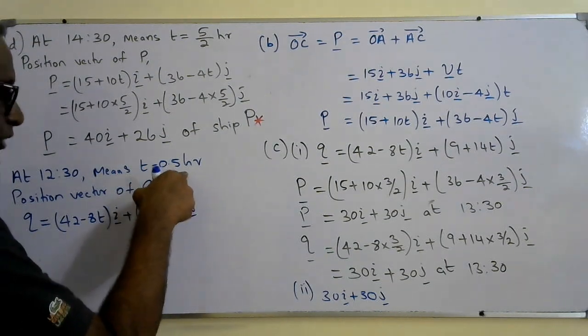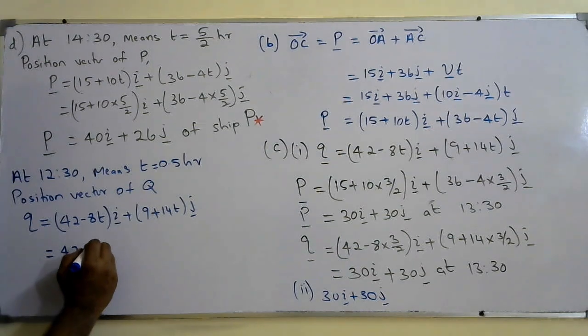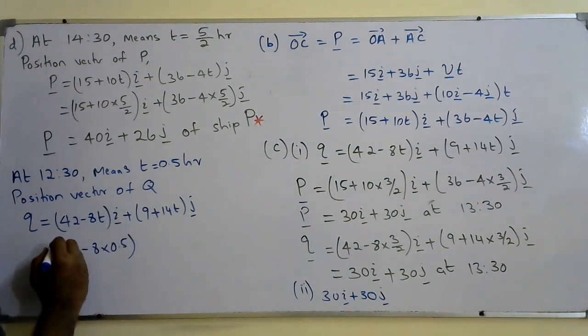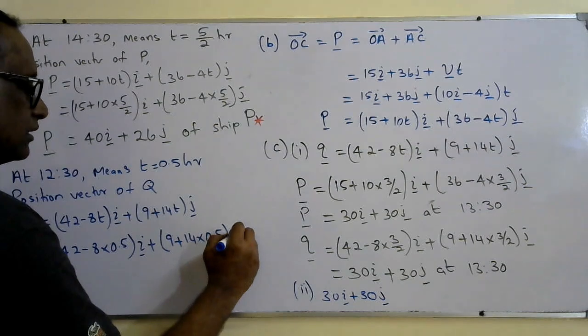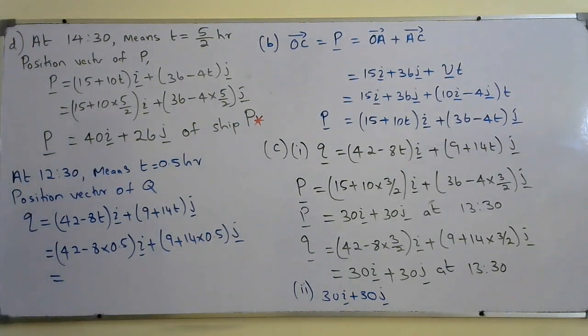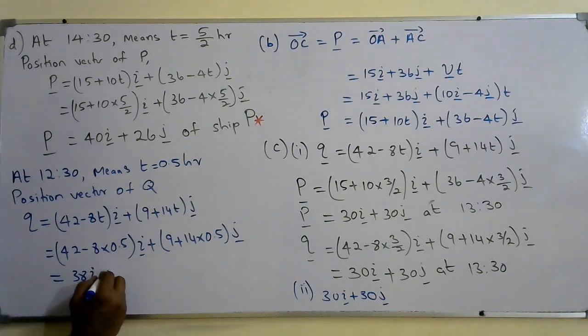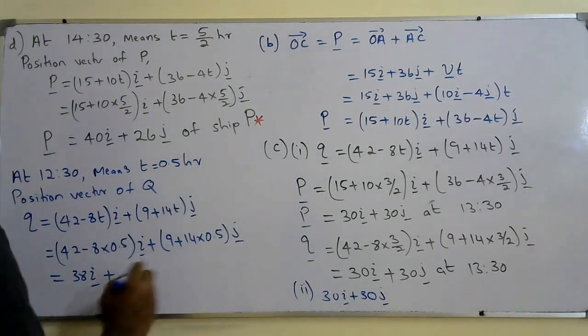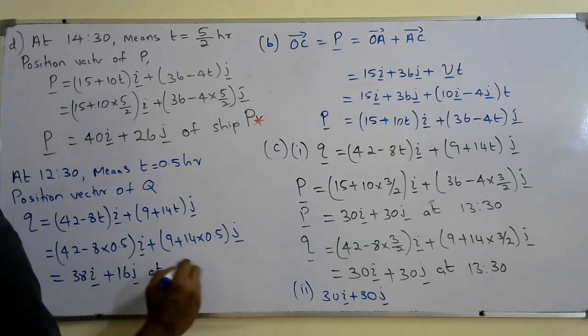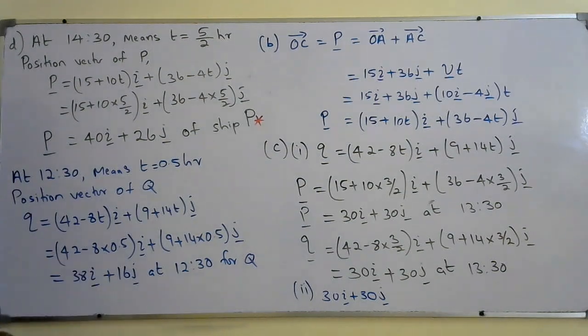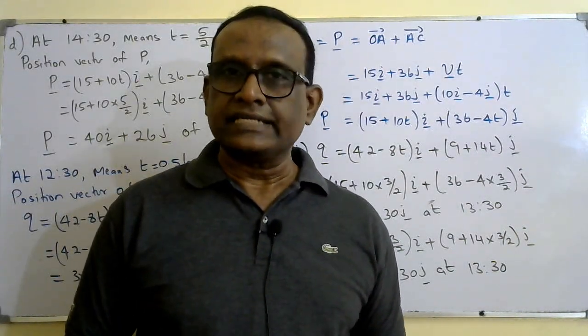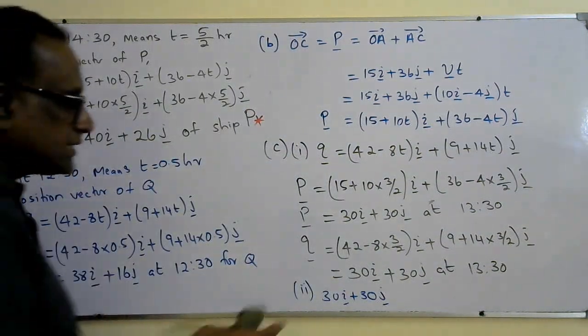With t equals 0.5 hours substituted: 42 minus 8 into 0.5 i plus 9 plus 14 into 0.5 j. Solve it, you will get 38i plus 16j at 12:30 for Q.